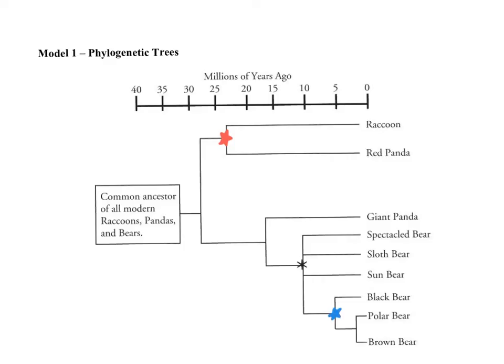So there is the blue star where the common ancestor of black, polar, and brown bear would be. 9, place a green star on the phylogenetic tree where the common ancestor for giant panda and sloth bear would be. So there is the green star where the common ancestor for giant panda and sloth bear is.